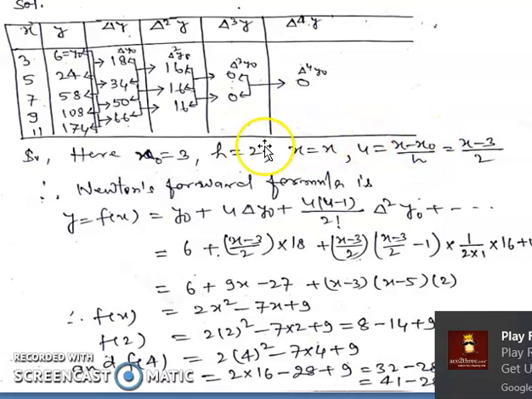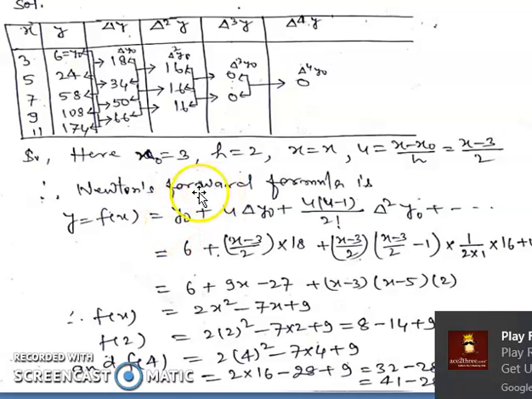Here x0 is 3, so u equals x minus 3 divided by 2. The h value is 2. Now using Newton's forward formula. What is the Newton forward formula? y equals f(x) equals y0 plus u del y0 plus u(u minus 1) divided by factorial 2 del square y0 plus and so on.